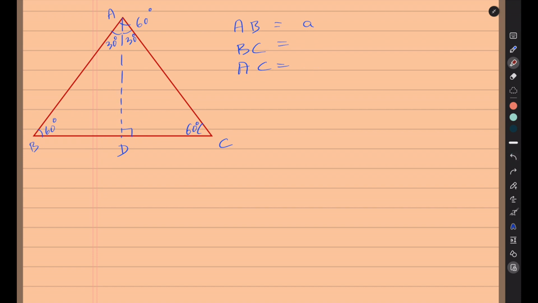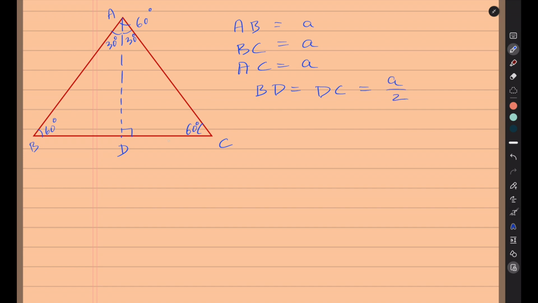How? Because of the law of symmetry, you can say. I will not go into the geometrical details of that. It could be proven very easily. But in that case, BD is equal to DC, and that will be equal to a by 2.